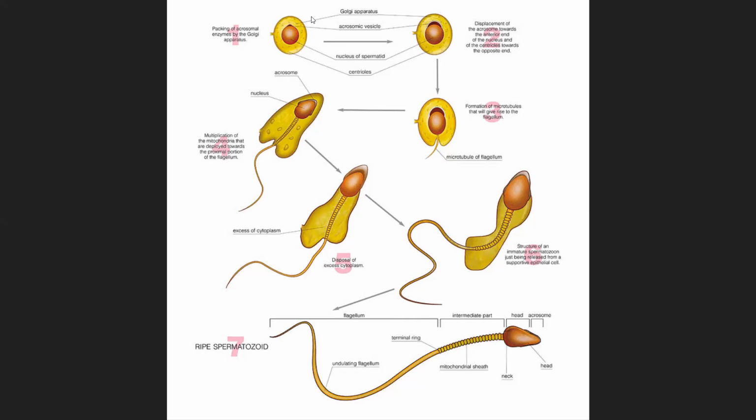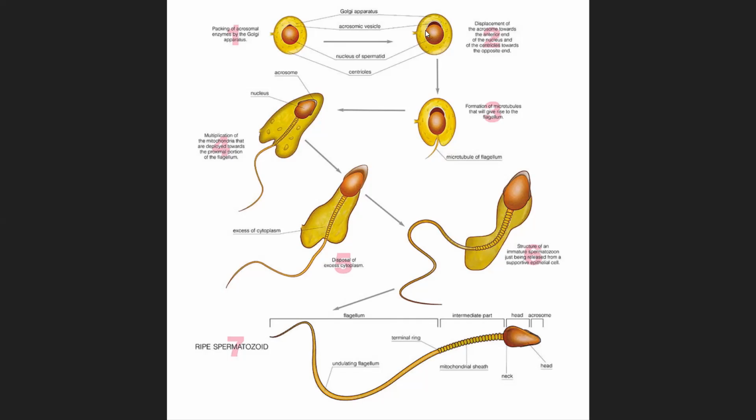So the Golgi bodies are getting converted into the acrosomal end here. You can see here the acrosomal end. And they are even accumulating the enzymes required, like hyaluronidase enzymes, which help in cleaving the layers of the egg cell during the fertilization process. So the spermatid is packing all the acrosomal enzymes from the Golgi apparatus, forming an acrosome here.